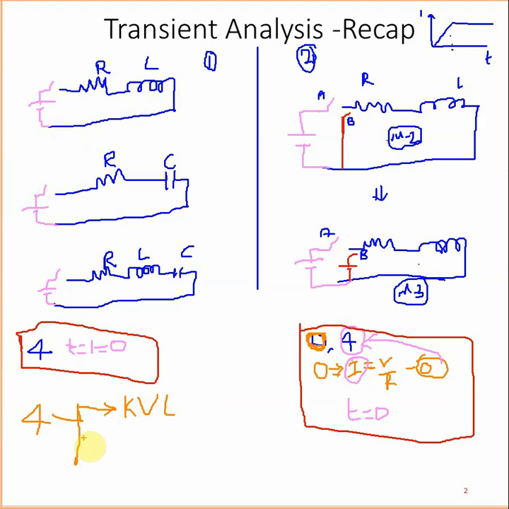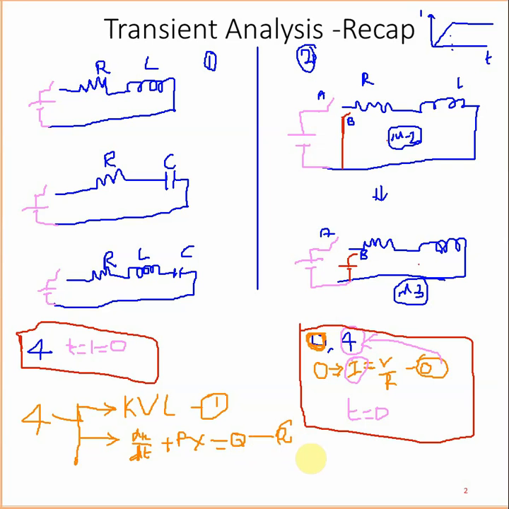Then what to do next? You are going to compare. That is step number 1, it is equation number 1. The second step is to compare it with dx by dt plus px is equal to q, which is equation number 2.